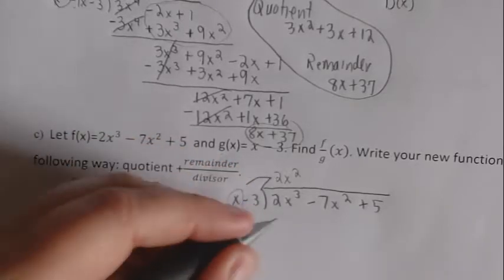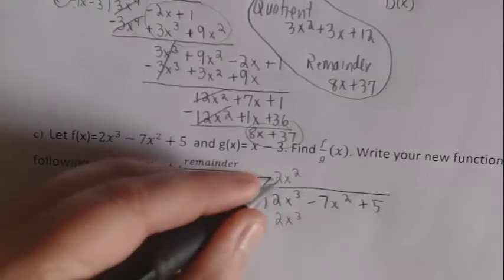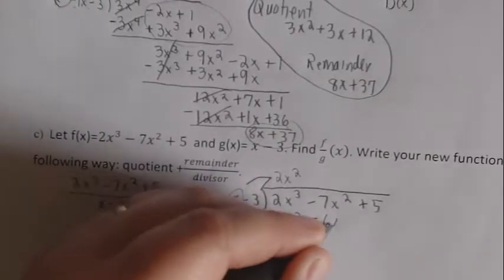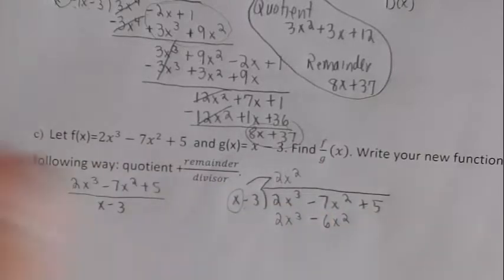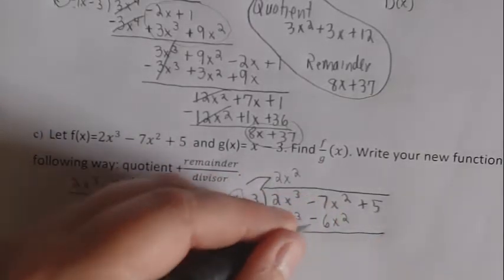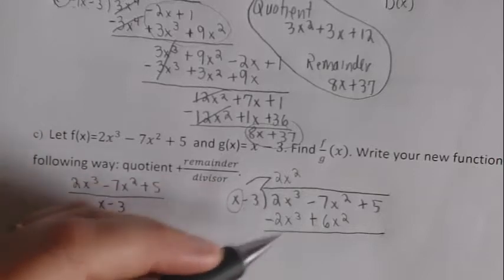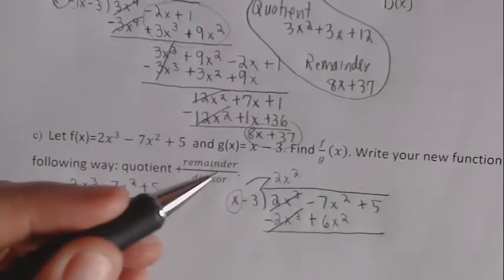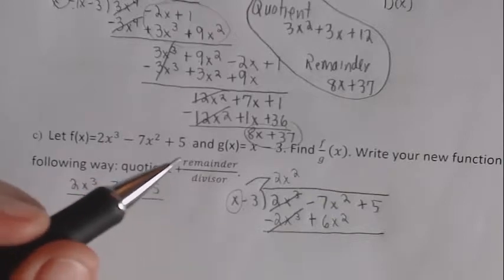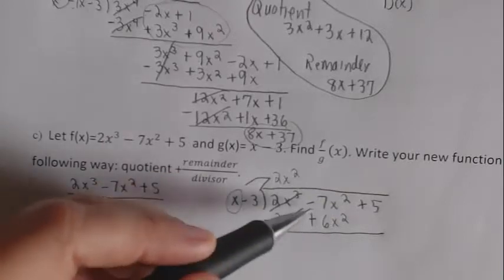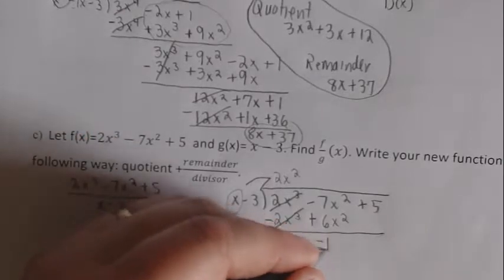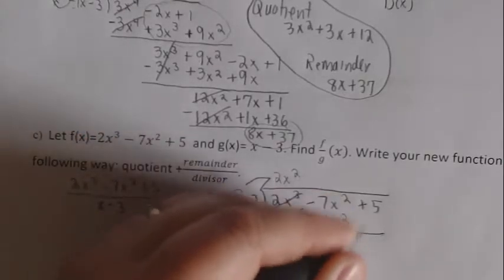Distribute this 2x squared to x, and you get 2x cubed. 2x squared times negative 3 is negative 6x squared. Draw your line, change the signs. Then these are going to cancel because they add to 0, and negative 7x squared plus 6x squared is negative 1x squared. And then just bring this down.